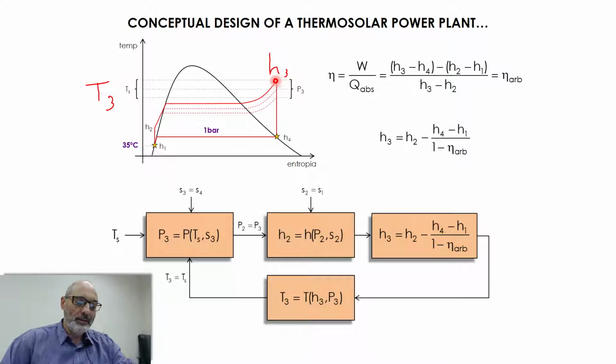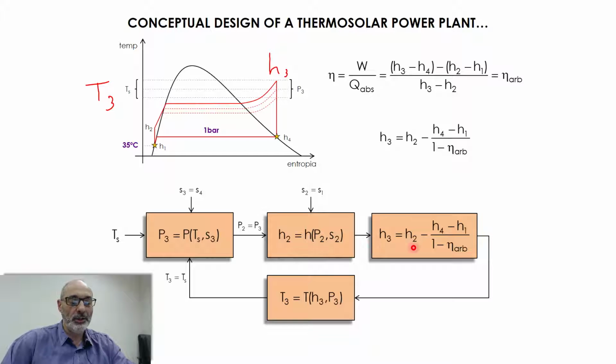By knowing P3 and knowing that it's equal to P2, because this absorption here is at constant pressure, P2 equals P3, and I know that S2 is equal to S1. So I know the entropy at point 2. Again I have two coordinates, pressure and entropy, so I'm able to calculate H2.